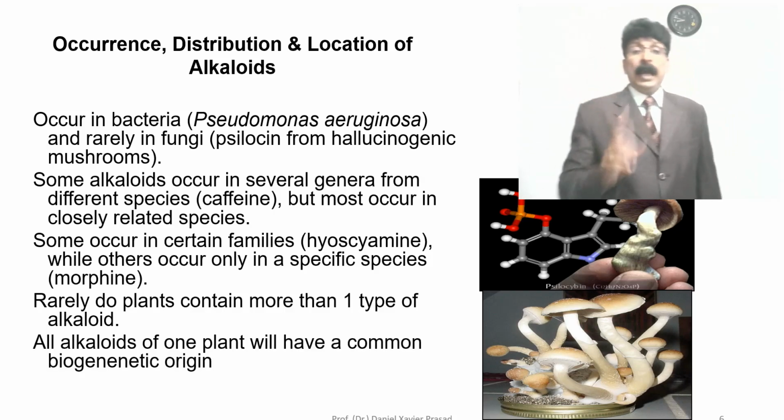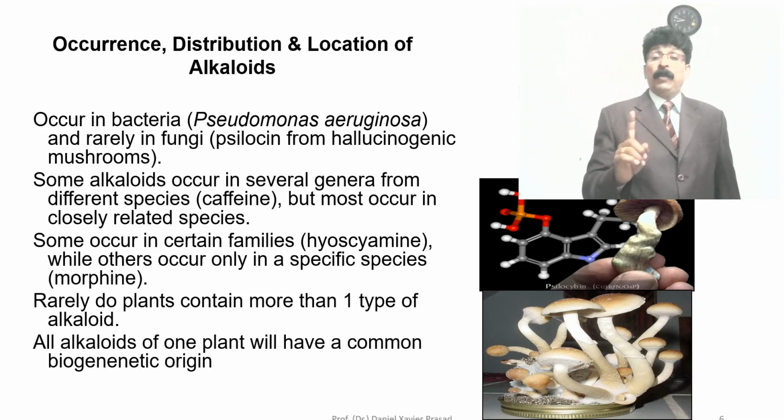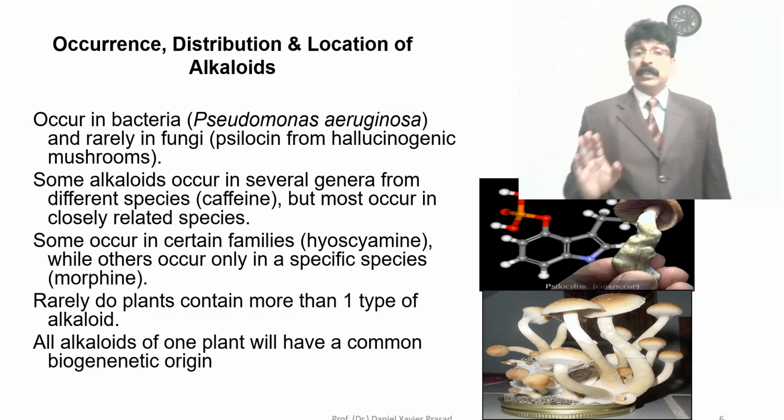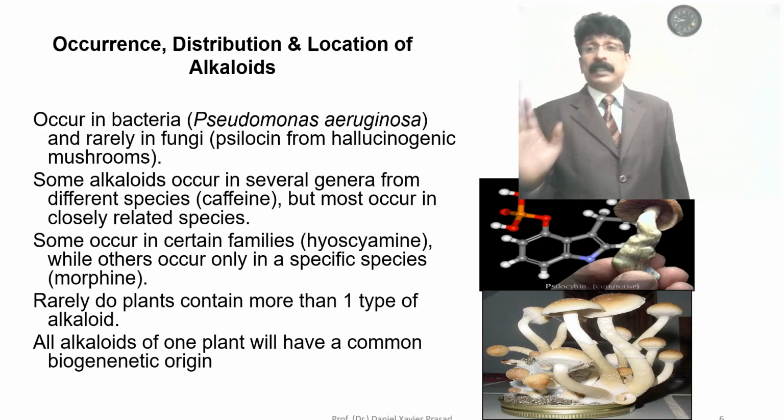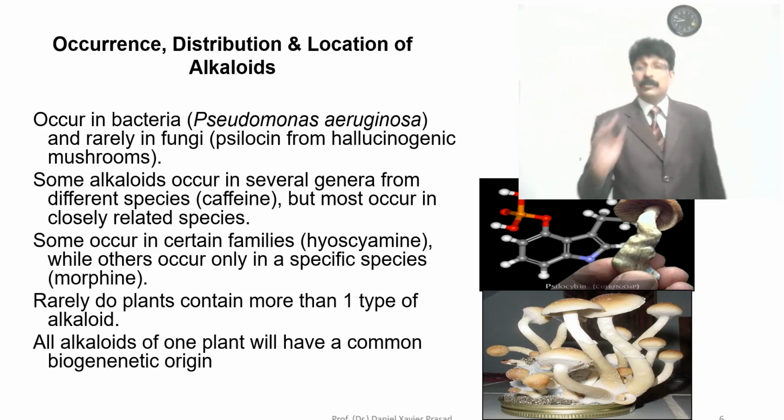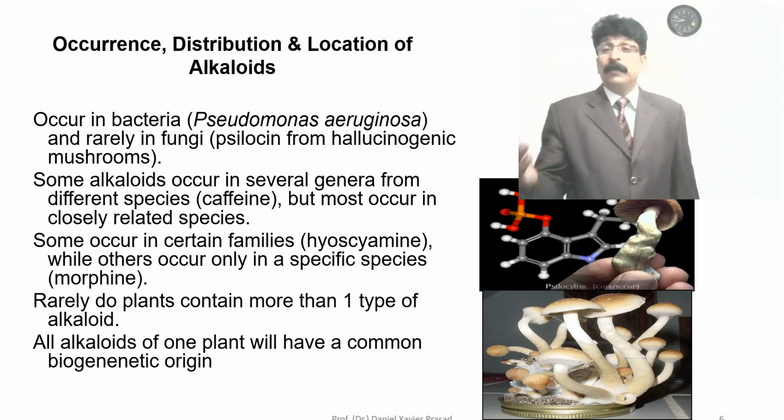And all alkaloids of one plant will have a common biosynthetic origin. What do you mean by biogenetic or biosynthetic? You can say biogenetic, because when you say biosynthetic, students may think it is synthetic.